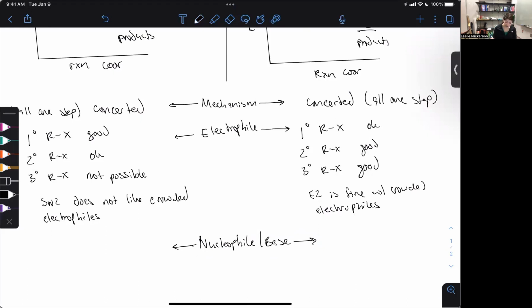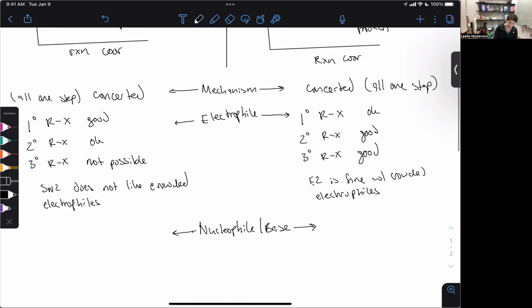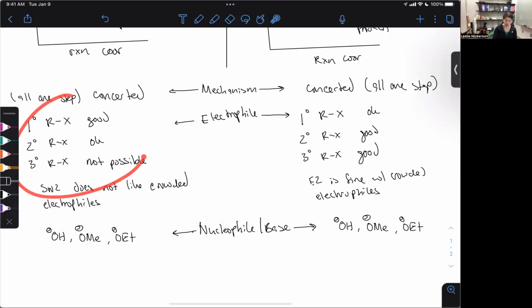For this list, we're going to keep it simple: OH minus, OMe minus, and OEt minus. They'll both be able to do SN2, they'll both be able to do E2, and you're really relying on your alkyl halide to tell you what's going to happen.